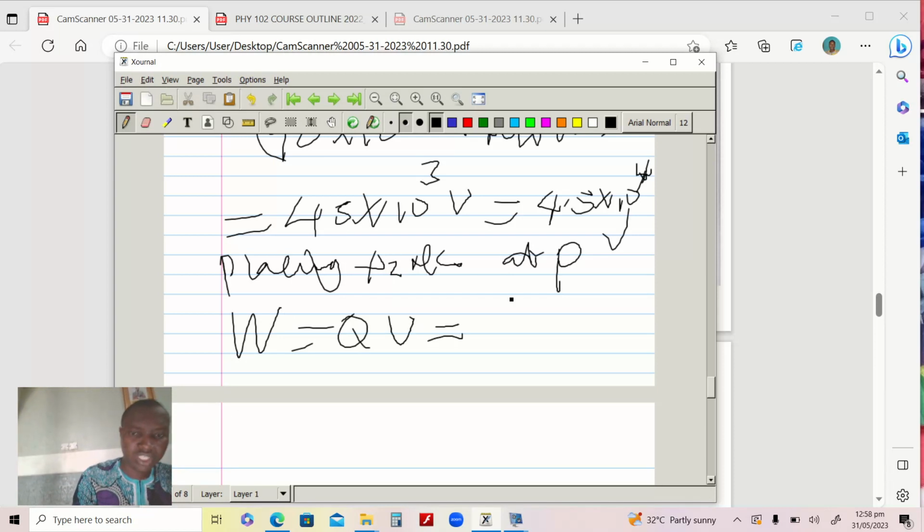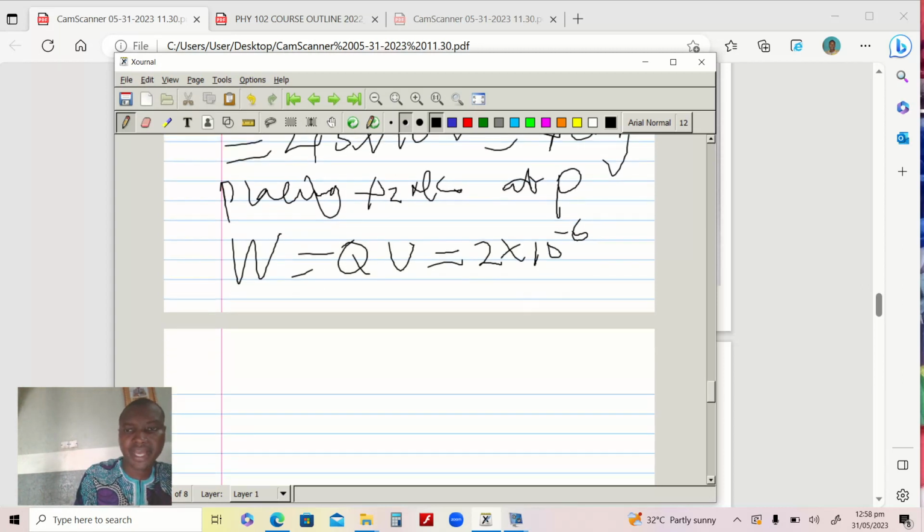Our Q, they give us to be +2 times 10 raised to power minus 6, that's our charge. Then multiply that by our V, the V that we have been able to get, which is 4.5 times 10 raised to power 4 volts.